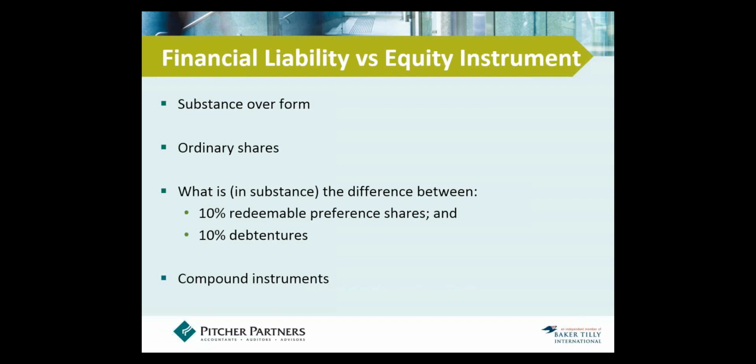Whenever we get a convertible note, we have to analyze what's the substance. Does the entity or the note holder have the option to convert? Is the 10% that's paid mandatory? To what does it convert? So a lot of considerations, and that's an area where we'll have to clearly document our thought processes.